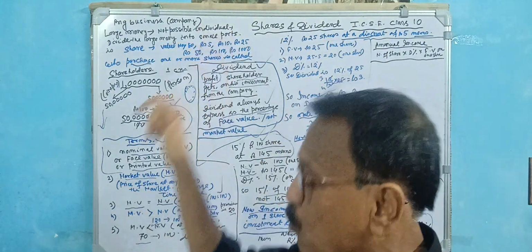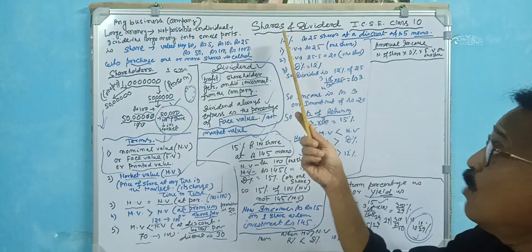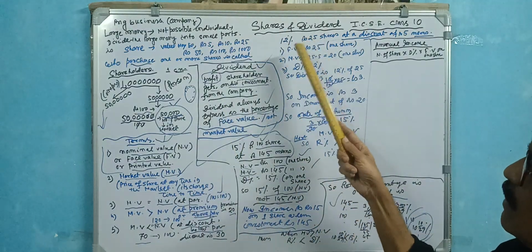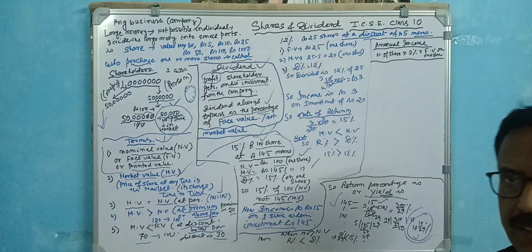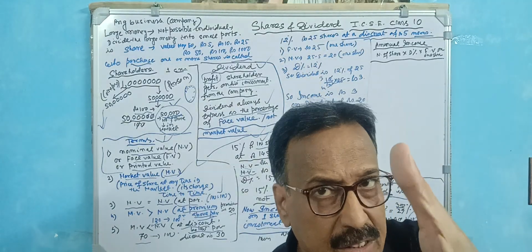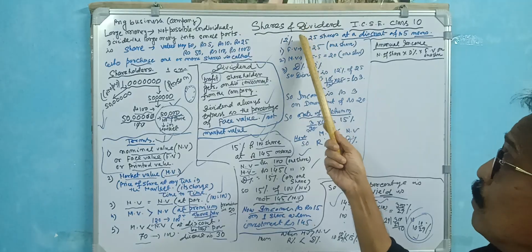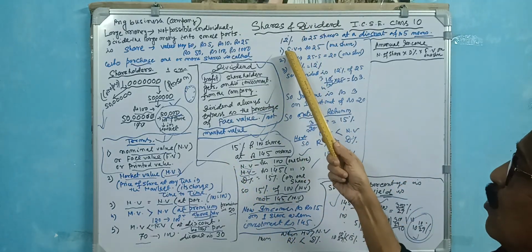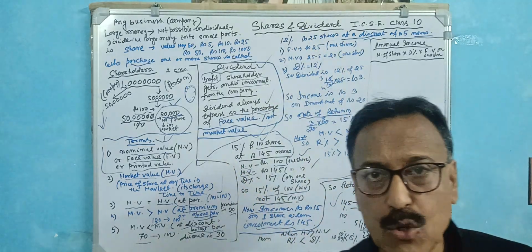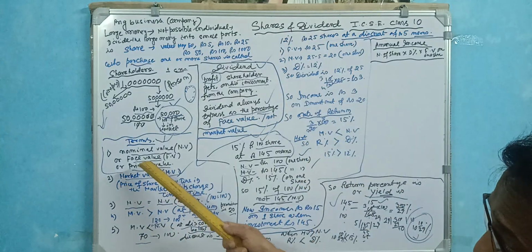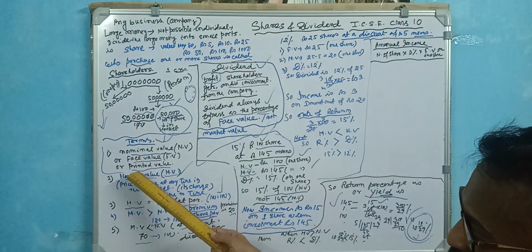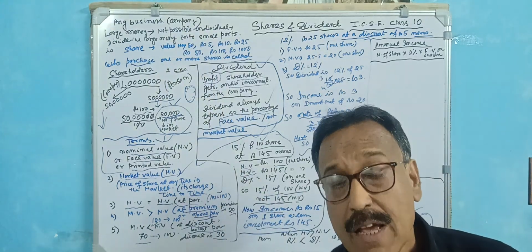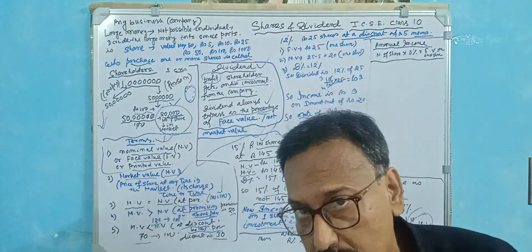First meaning is 12%, discount is 12%, no problem, that means dividend is 12%. Rupees 25, that means the face value or nominal value, face value or printed value same. Okay, that means actually the company's value is clear.